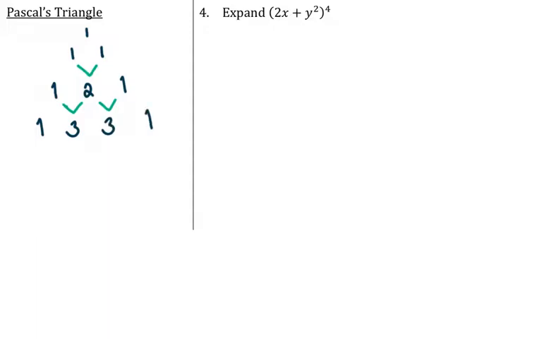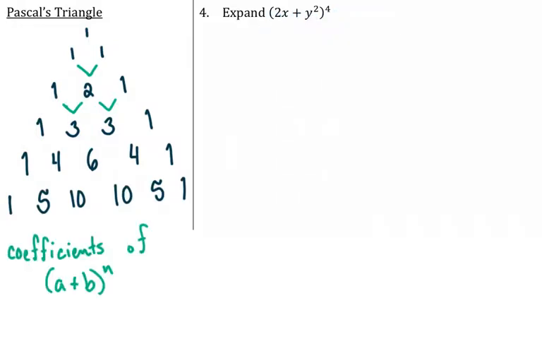You might have made a big one of these as a young child. These are the coefficients of the expansion, depending on the row. Quadratic is degree 2, cubic is what we used in our last notes, and here would be degree 4, so that's what we're going to use for this one.